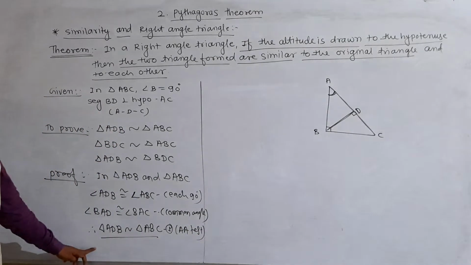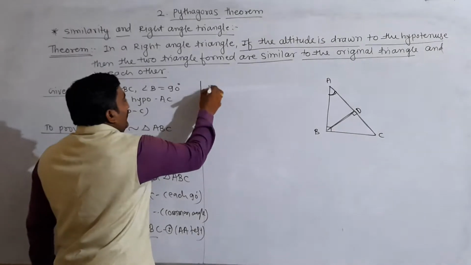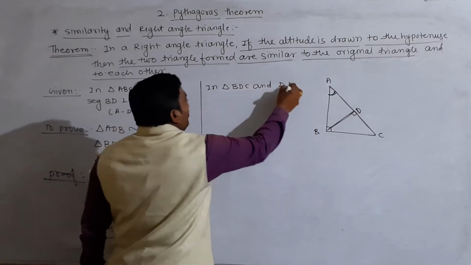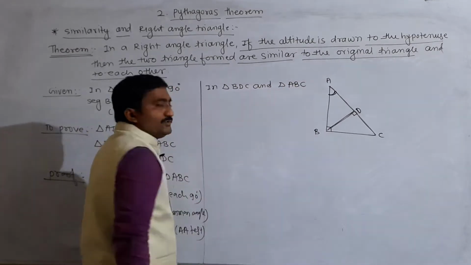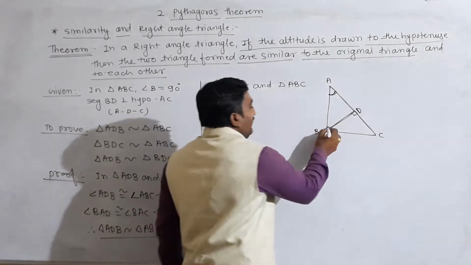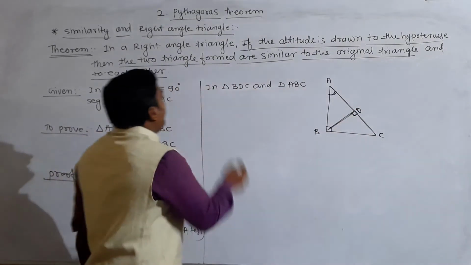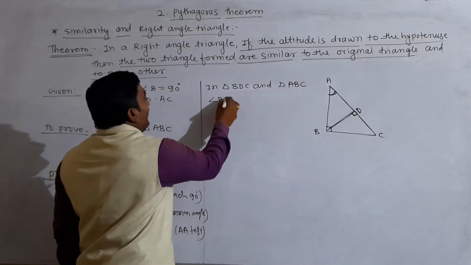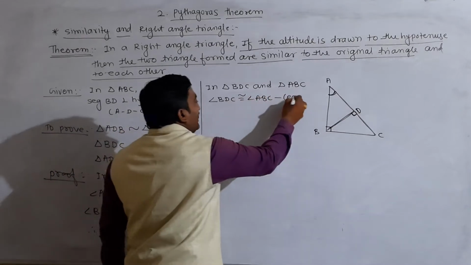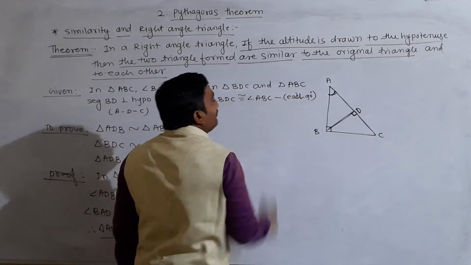This is equation first. Then second, we have to prove that triangle BDC is similar to triangle ABC. So observe triangle BDC and ABC. In both the triangles, here angle B is 90 degrees and here angle D is 90 degrees. So angle BDC is congruent to angle ABC. What is the reason? Each 90 degrees.